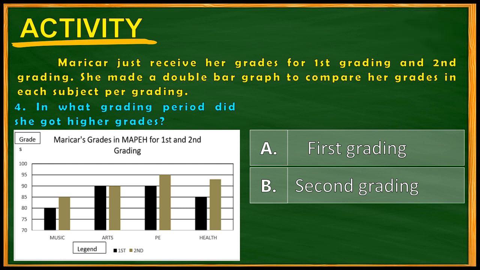Let's check your work. The answer would be second grading. So you can see in the graph, it increased in the first grading by 5. It maintained in the art, but in PE and health, it increases. So the answer would be second grading.